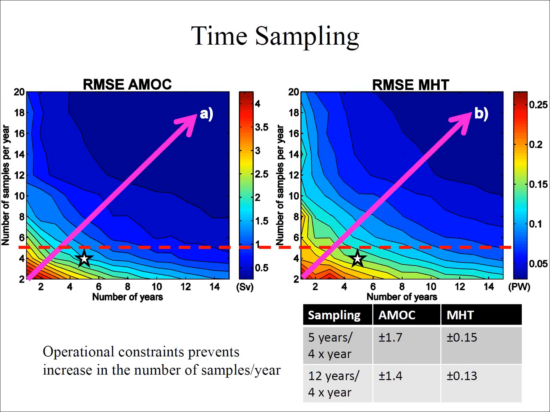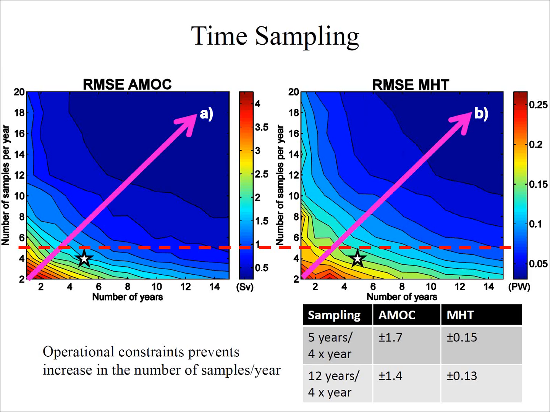And as I said, we want to go in this direction here, where we increase the number of sample years and the number of samples. But we have this observational constraint that we can't have 20 transects a year because it costs a lot of money. So generally we go in this direction here.